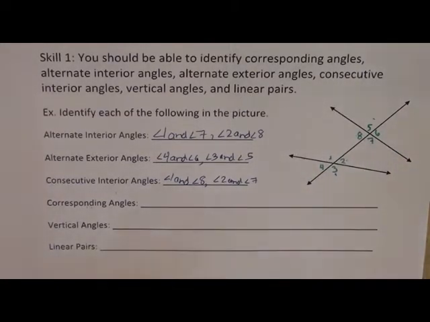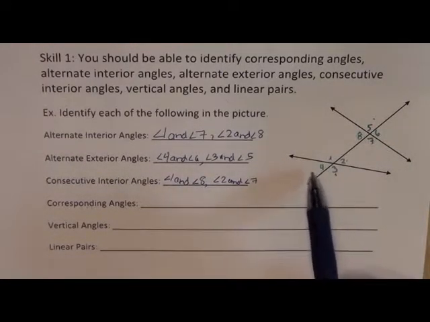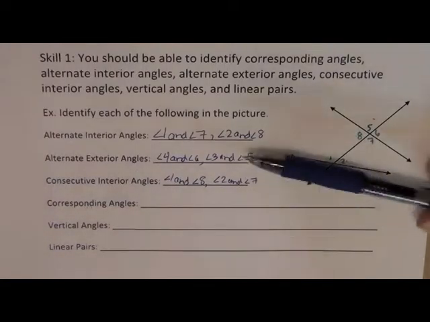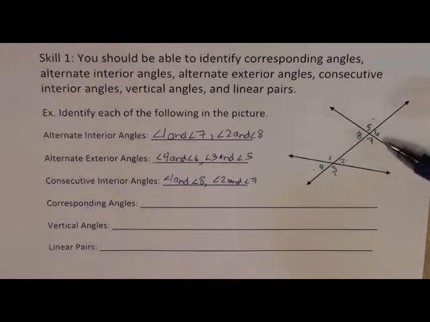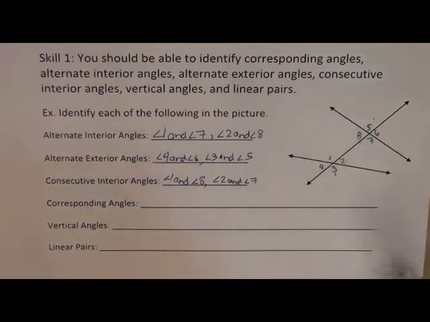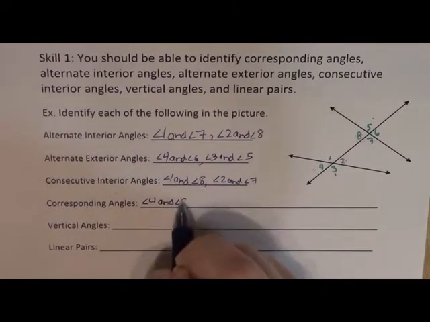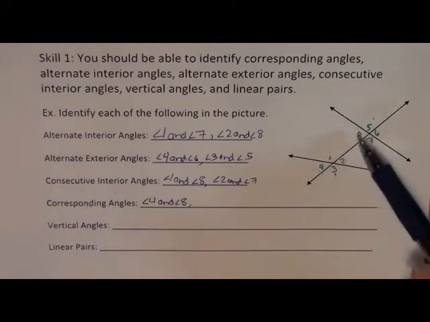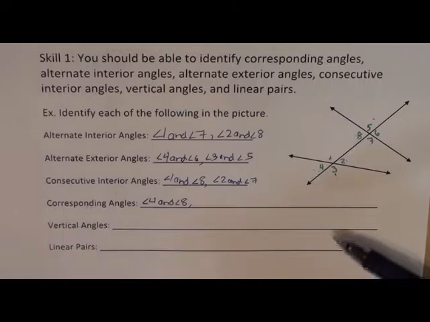So, angle 4, for example, is to the left of the transversal and below our line. So we need, over here, to be below the line and to the left of the transversal. Well, below the line is 8 and 7. Left of the transversal is 8. Angle 4 and angle 8 are corresponding. They're in the same location in a different little group of angles.